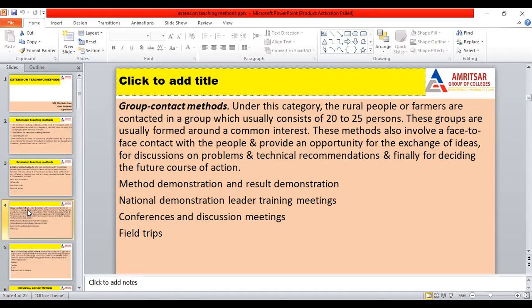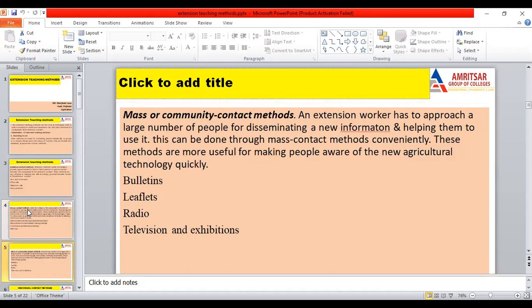Under this, there are method demonstration and result demonstration, national demonstration, leader training meetings, conferences and discussion meetings, and field trips. In a group contact method, they can contact the group of people via these methods.